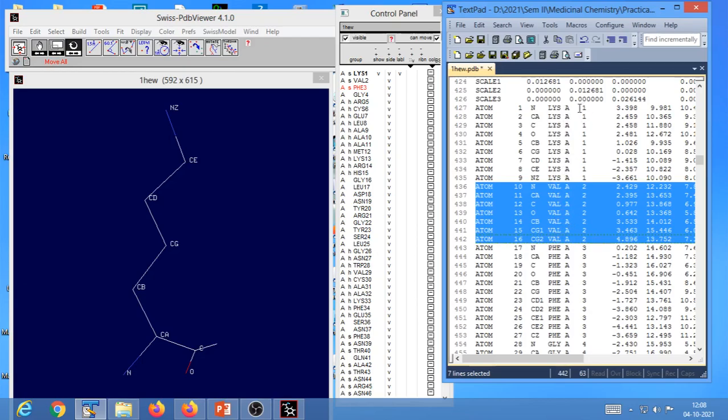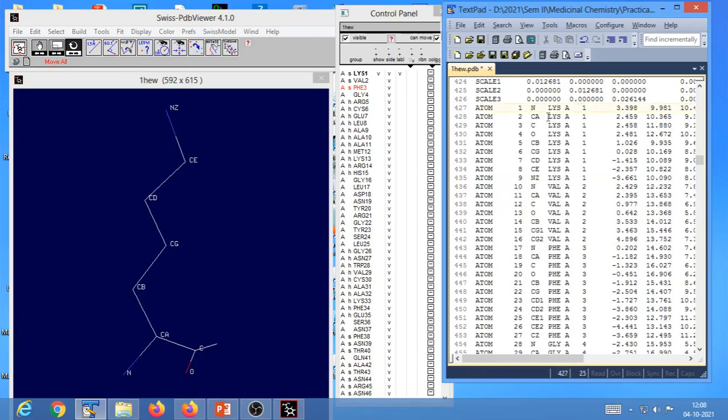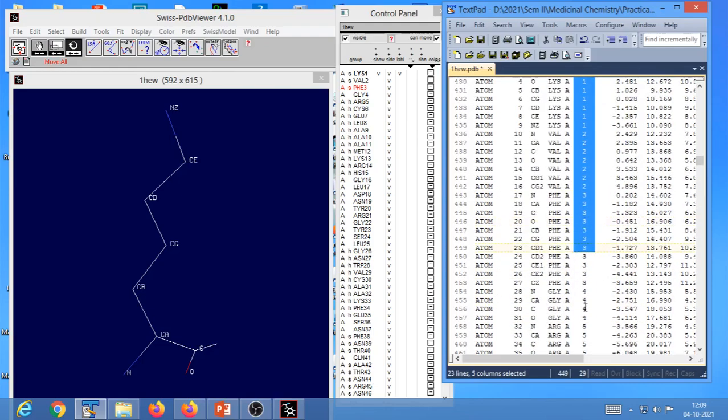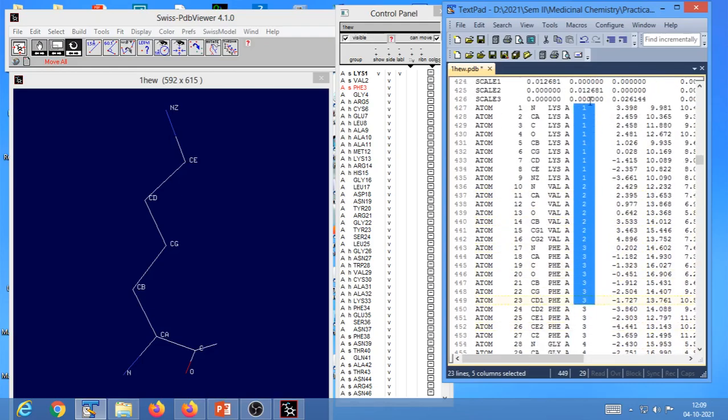This particular column will tell you the number of that amino acid residue in its primary structure. The lysine at the first position, valine at the second position, phenylalanine at the third position, and so on and so forth. So the number of that amino acid residue is represented in this particular column.